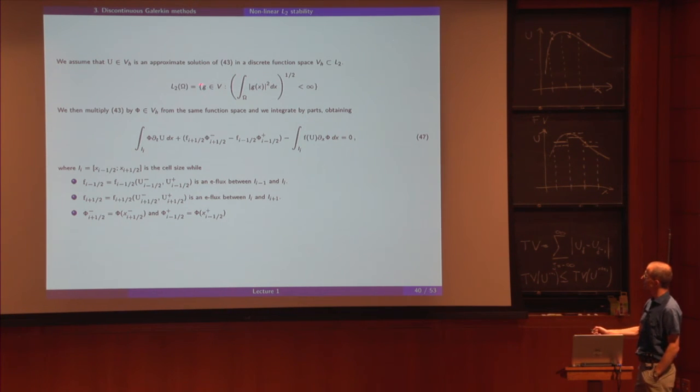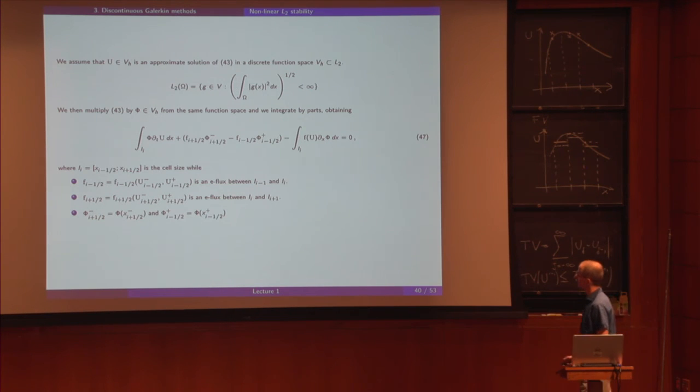So it's the set of g with this property here. Now we multiply equation 43 above, which is our governing equation, by this phi, and phi belongs to the same functional space. It's important. So the solution expanded over the basis belongs to the same functional space of the function by which we multiply. Okay, so this is the discontinuous Galerkin procedure that we have already written above.